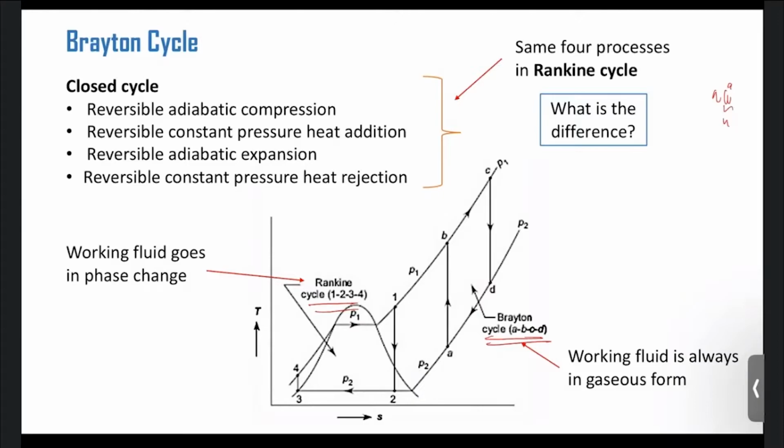So in a Rankine cycle, which also consists of two reversible adiabatic and two reversible constant pressure processes, the working fluid goes through phase change. But in the case of the Brayton cycle, the working fluid is always in gaseous form and doesn't go through phase change. That is the main difference, and from this figure you can see clearly that the Brayton cycle always works in the gaseous phase, and the Rankine cycle works in an area where phase change occurs. That is the basic difference between the Rankine and Brayton cycles.